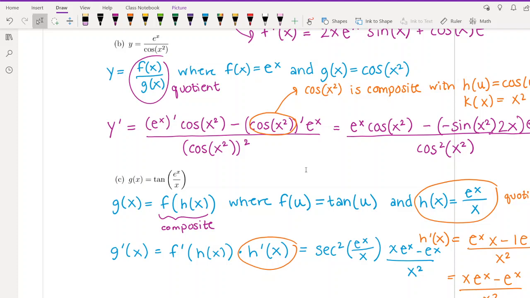Or if it's a product, what are the two functions that are getting multiplied? If it's a quotient, what are the two functions that are getting divided? If you can't explicitly name what those functions are, then you're probably not starting with the correct rule. So you might need to think, okay, maybe this isn't a quotient, maybe this is a composite function, and then try to write it instead as a composite function with an inner and an outer function.